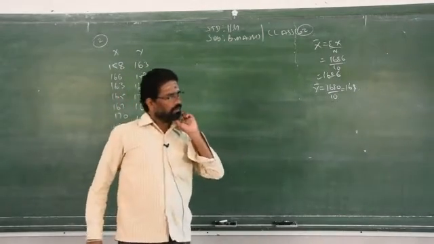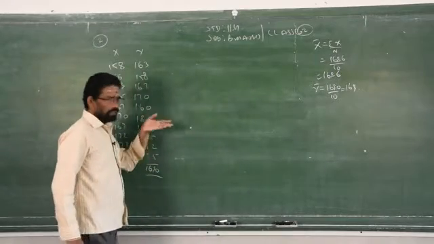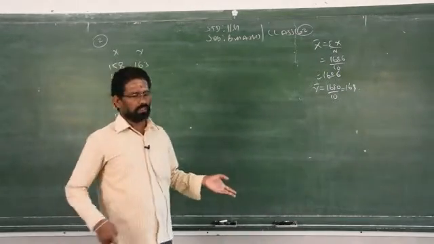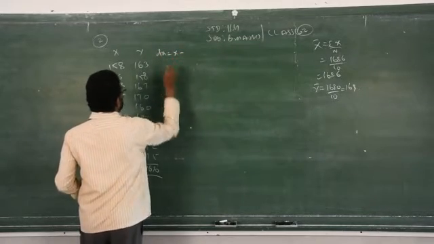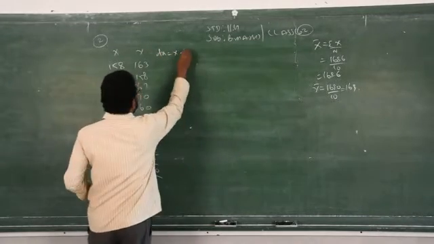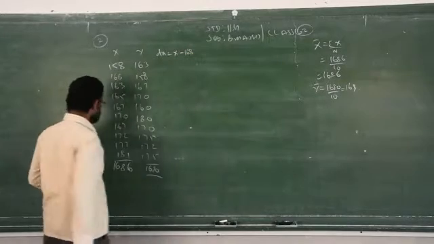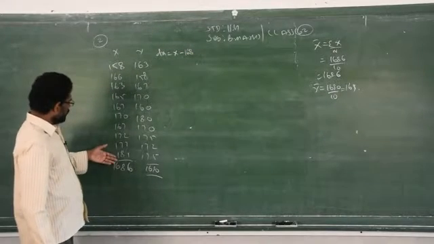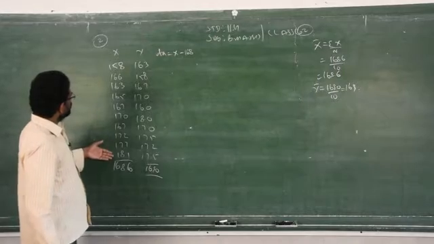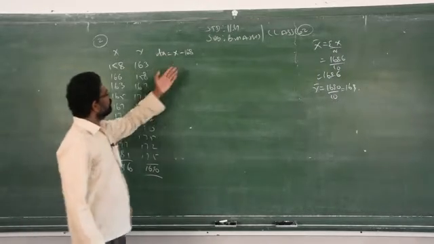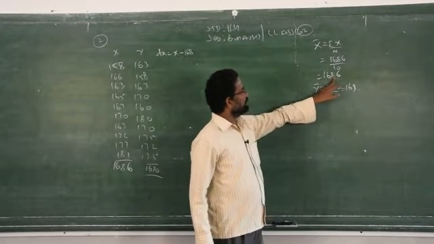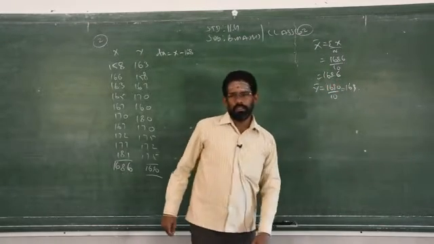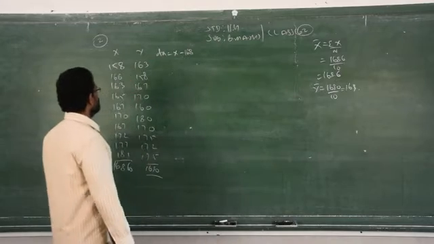We did not do any problem with deviation with assumed mean yet, so now we will do it. Clear? Deviation method with assumed mean. So dx is x minus, I take 168. 168 is not there under the x column, but it is very close to the remaining values because I got 168.6, so I can take the integral part alone, 168.